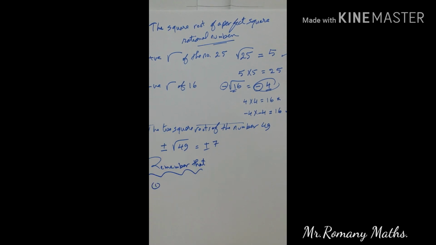Number 1. Square root of 0 equals, yes, 0, right. Number 2. Square root of negative 9. You may say negative 3. Let's see.